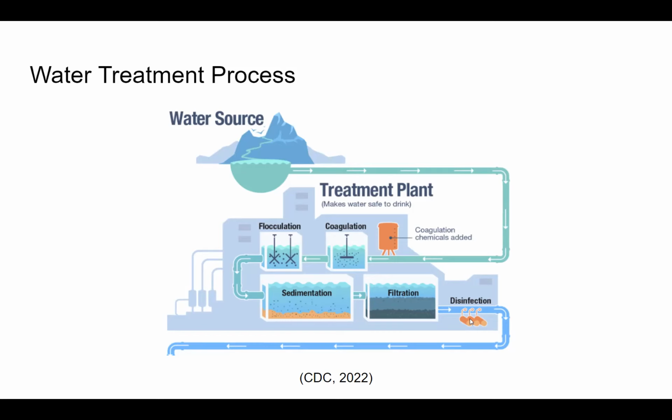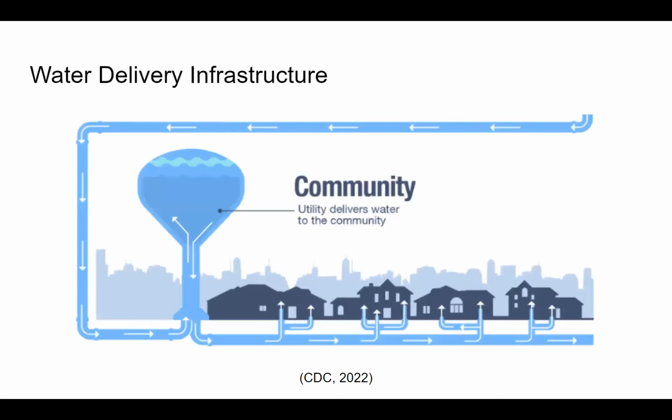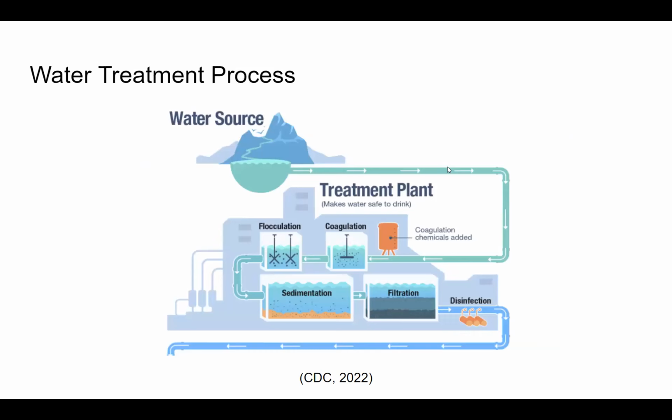But the chemicals here could be something like hypochlorite, chlorine type chemicals that would be entering the water there. Next is the delivery source. So this is the pipe infrastructure that brings the water to the population. Now you can imagine here there could be pollution pretty much at any stage here, and we'll go through that later.